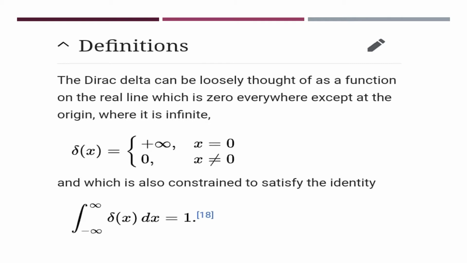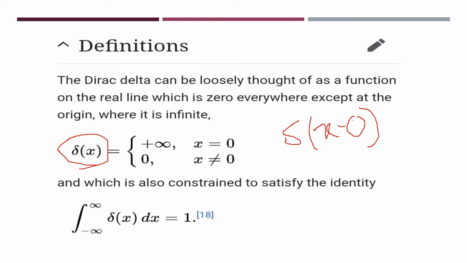It is saying that the Dirac delta function will be infinite at x is equal to 0, and at x not equal to 0, it will be 0. That means delta of x minus x naught, where here x naught is equal to 0.